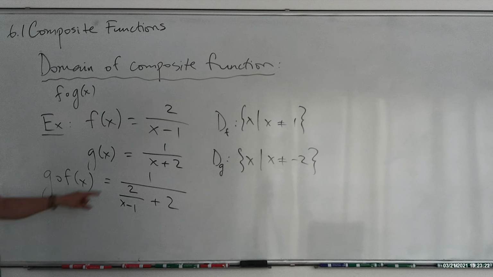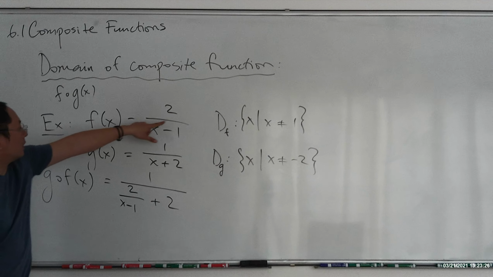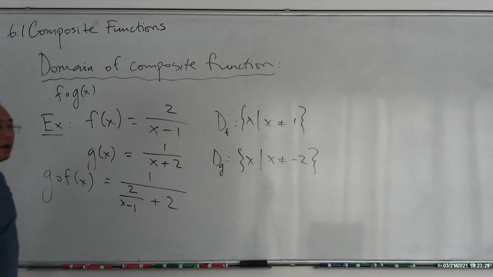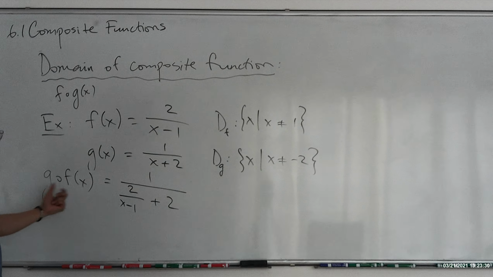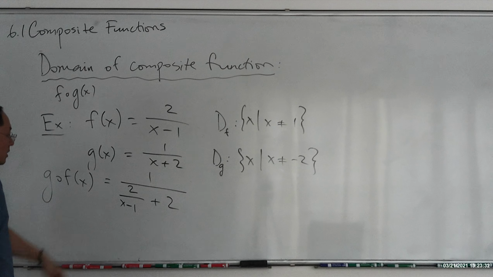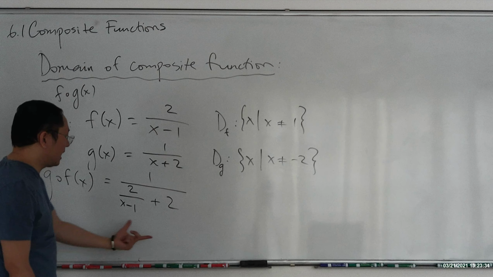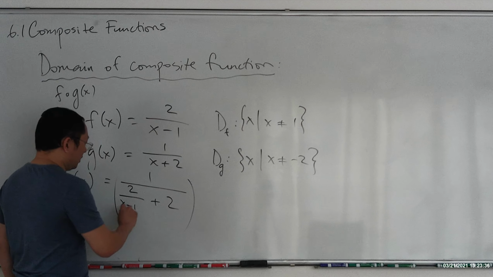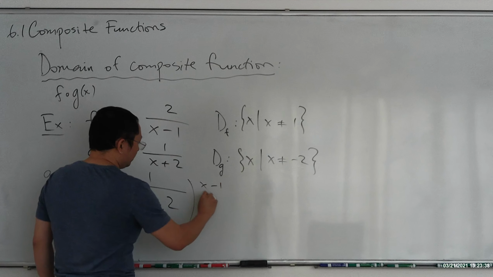See, f of x is 2 over x minus 1. Now the whole thing right here, 2 over x minus 1, becomes the input to plug into g. So 1 over 2 over x minus 1 and plus 2. And the same way of simplifying, multiply the top and the bottom by x minus 1.